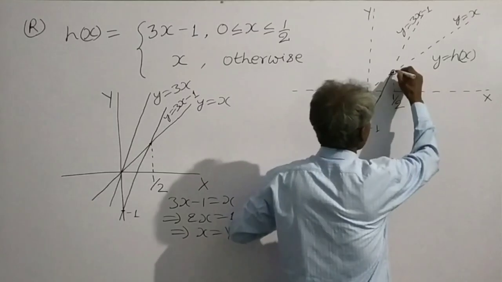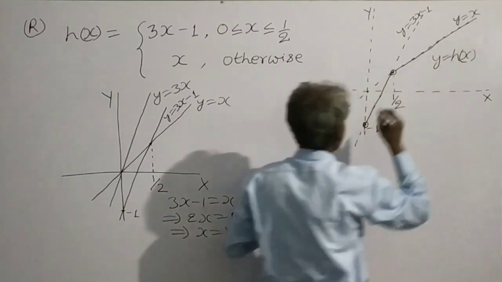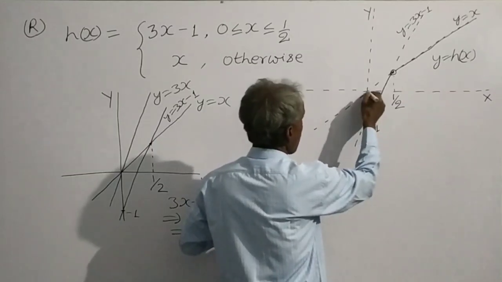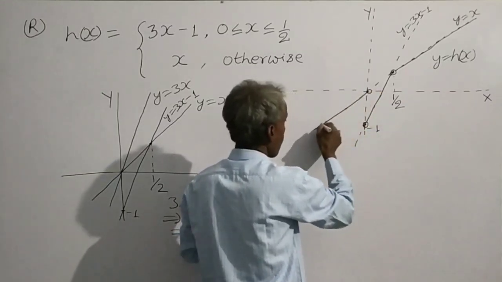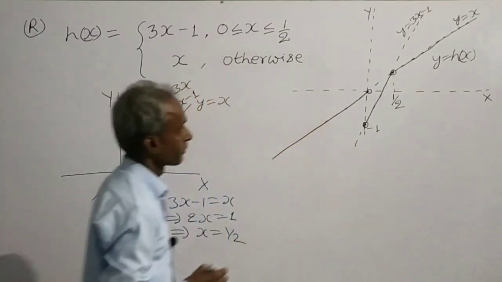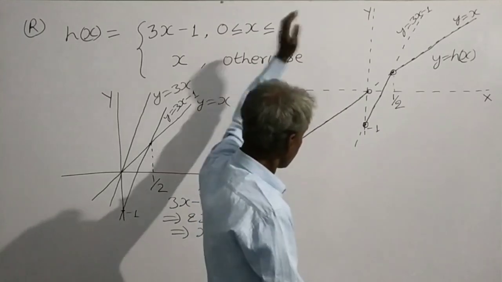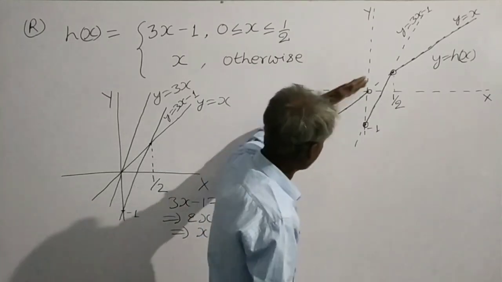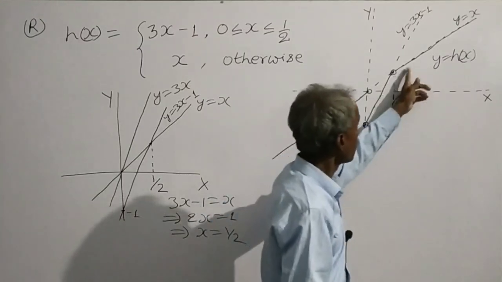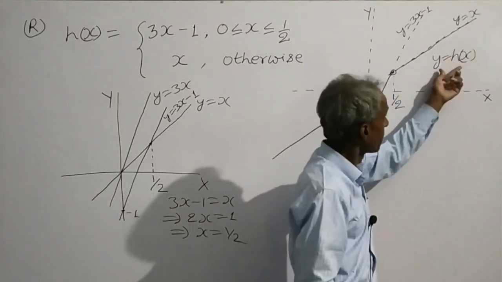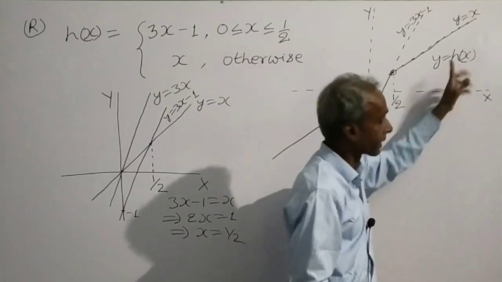That means this part, this part, this part, this part and this part is the graph of y equals h(x).